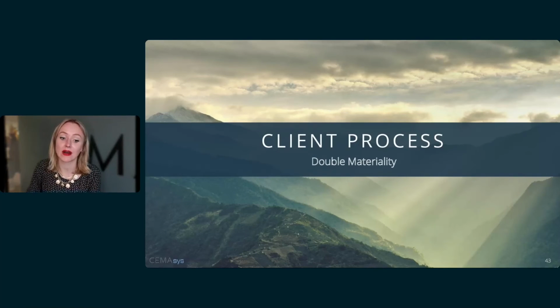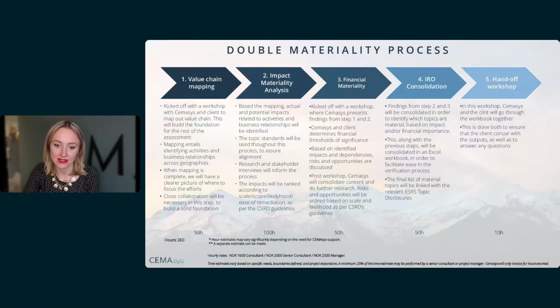So just in terms of how we normally do the process with the client, not going to go over this in great detail, but it normally looks something like this. Now you know the entire process, so we're just going to do the technical ones. First, we're going to do the value chain mapping. We usually like to kick this off with a workshop with the client to talk a little bit about expectations.